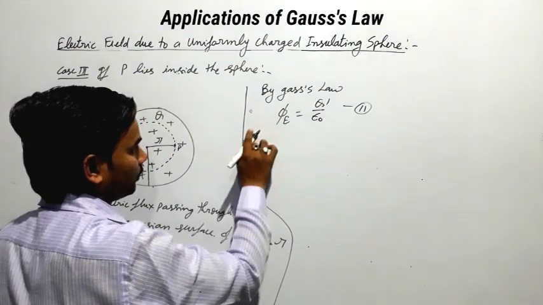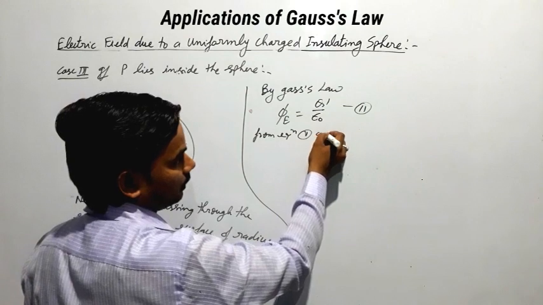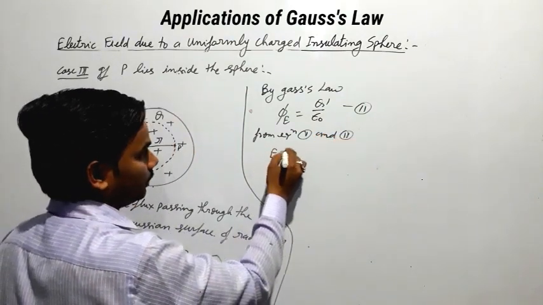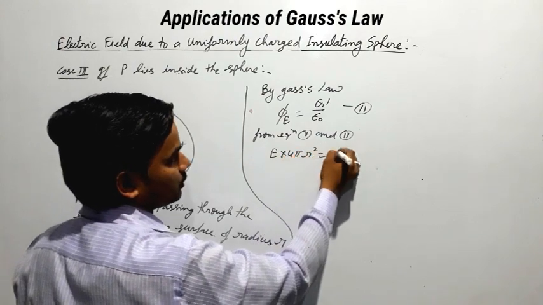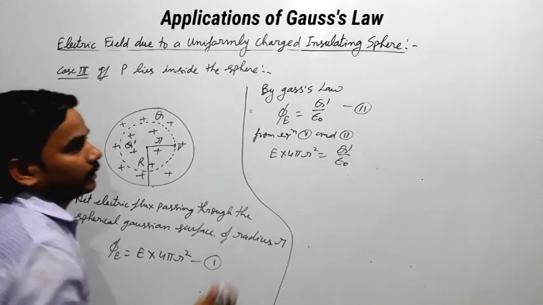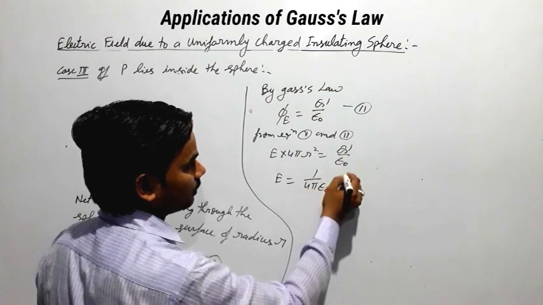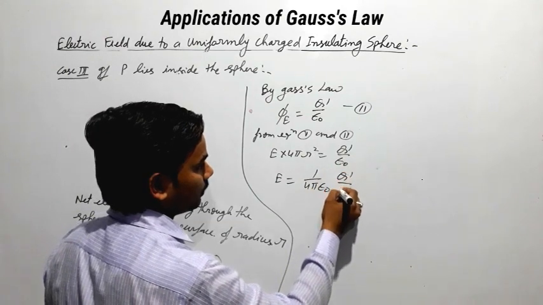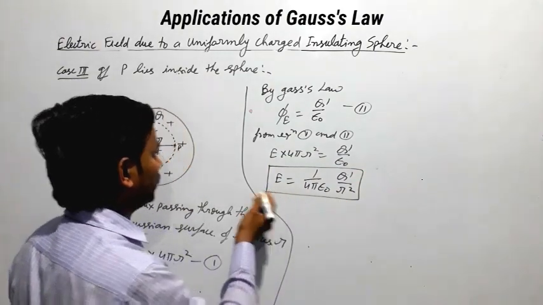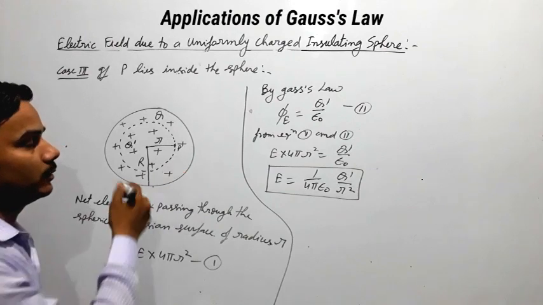So from equations 1 and 2, E into 4 pi r square equals q dash upon epsilon naught. So E equals 1 upon 4 pi epsilon naught, q dash upon small r square. This is the formula for the electric field at a point situated inside the insulating sphere.